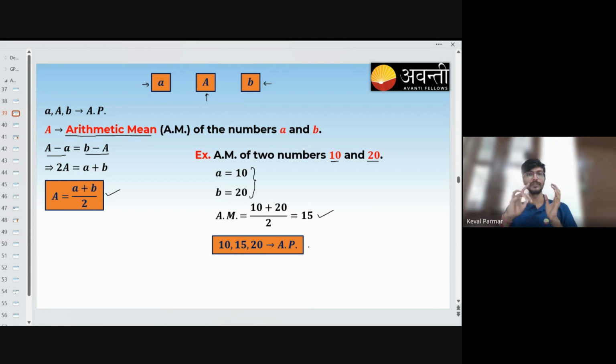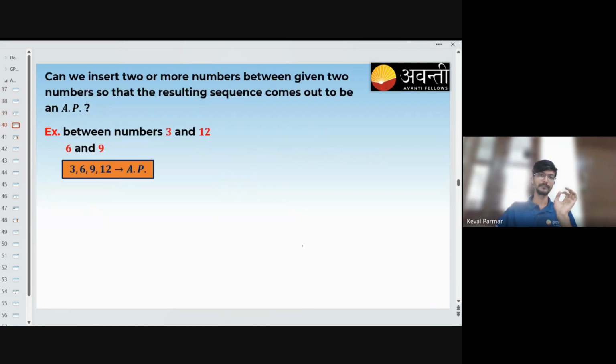So without further ado, let's see how we can insert more arithmetic means. Here the question is, can we insert two or more numbers between two given numbers so that the resulting sequence is an AP? For example, I have two numbers, 3 and 12. Now I have to insert two numbers between 3 and 12 so that I get an AP.